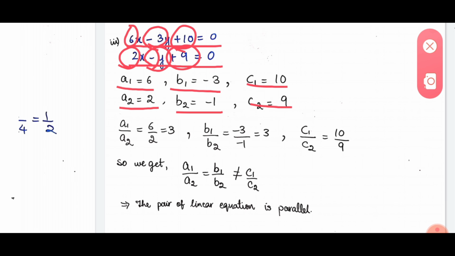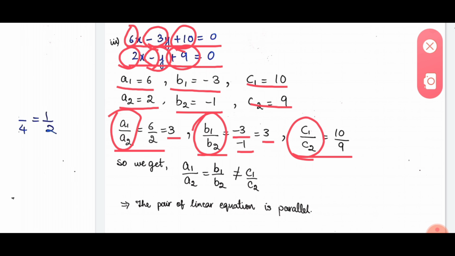Now let us find the ratios. A1 upon A2 equals 6 upon 2, which is equal to 3. B1 upon B2 equals minus 3 upon minus 1, which is equal to plus 3. C1 upon C2 equals 10 upon 9. Now what do you see from the ratios? The first two ratios A1 upon A2 and B1 upon B2 are equal, but the third ratio is unequal, right?